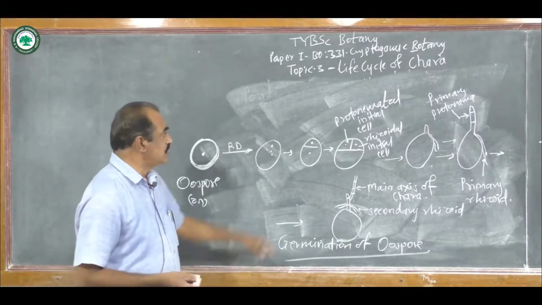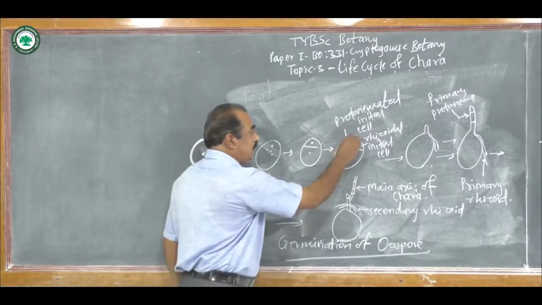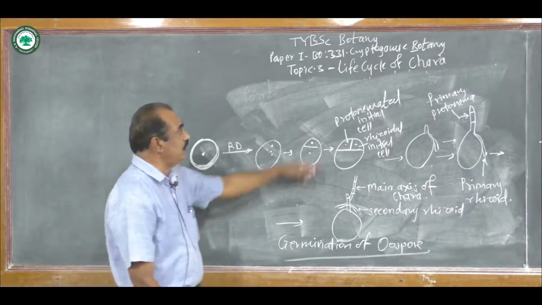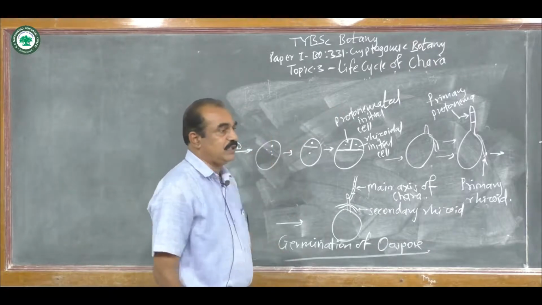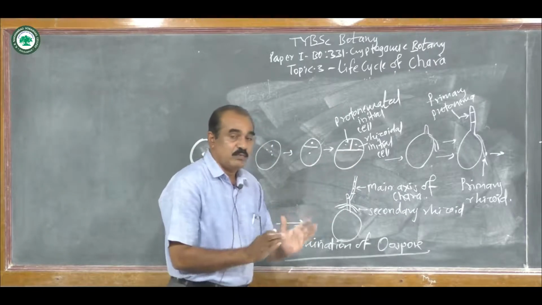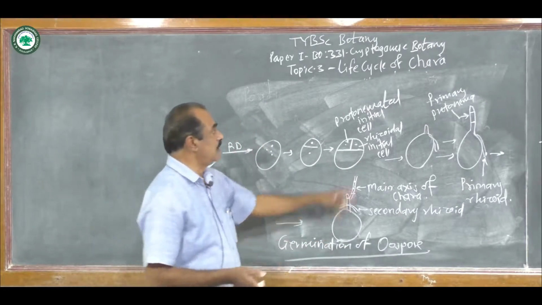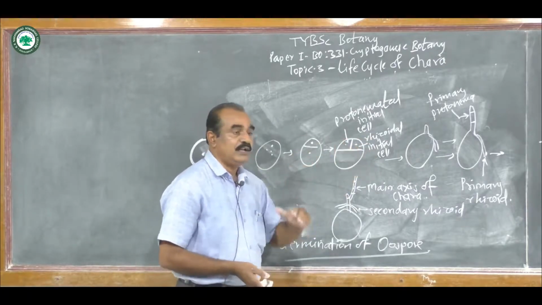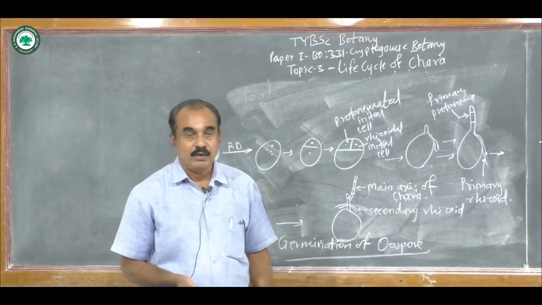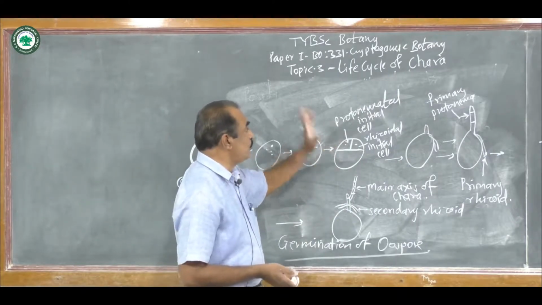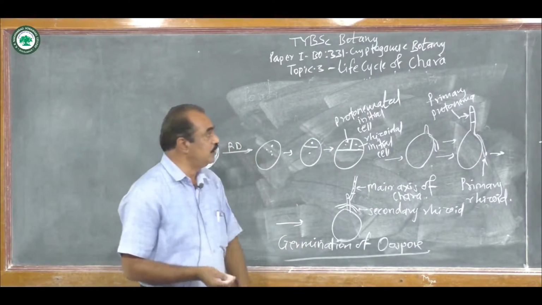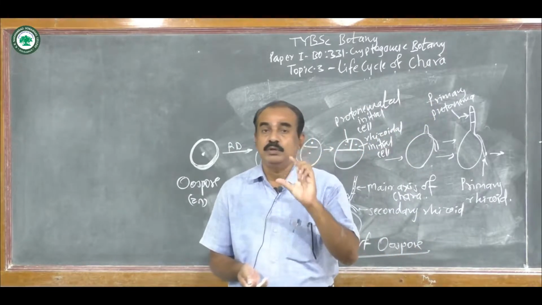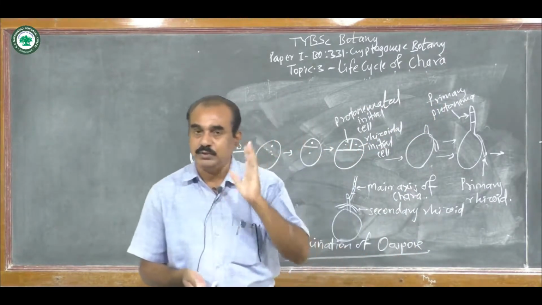Now this cell also divides vertically into 2 cells. From this, 1 cell is called the protonematal initial cell, and another cell which is somewhat toward the lower side is called the rhizoidal initial cell. Now this rhizoidal initial cell develops into the primary rhizoid, while the upper cell, that is the protonematal initial cell, develops into a primary protonema, and it has only 2 nodes.